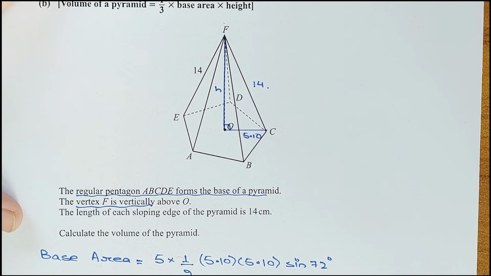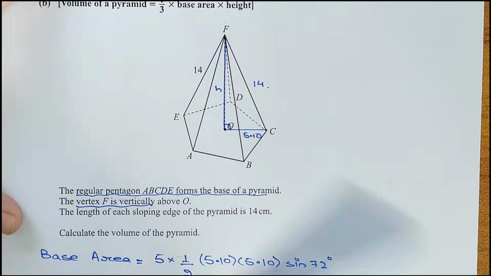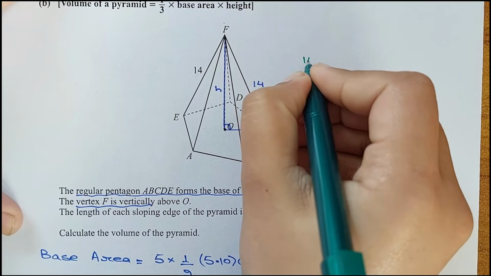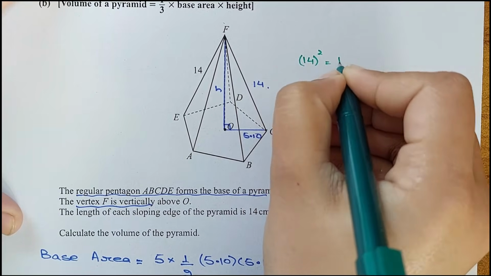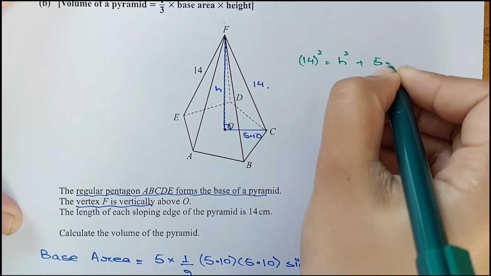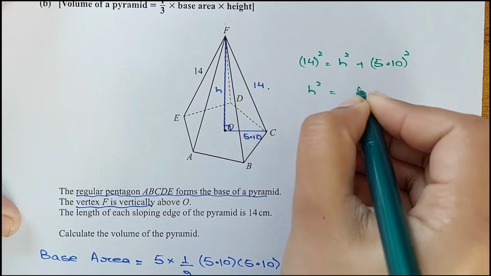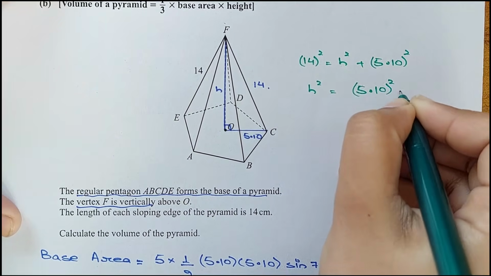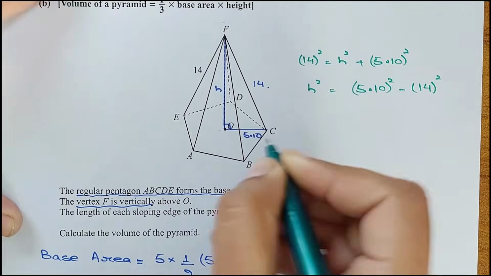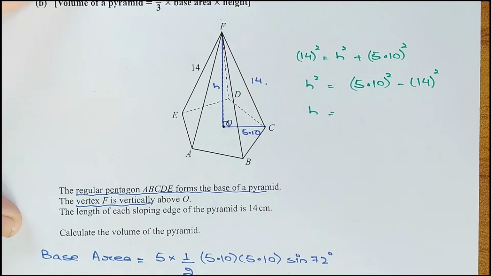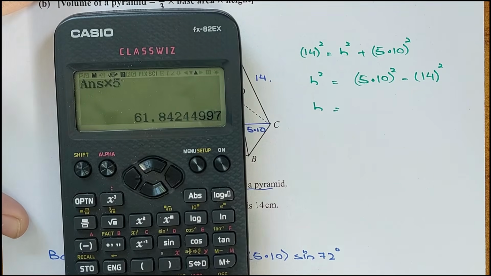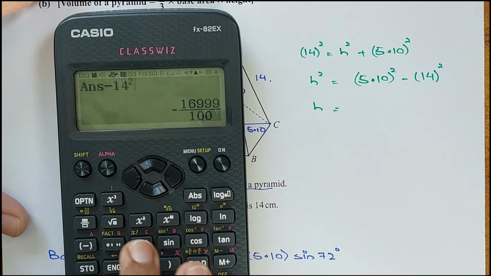So if I apply the Pythagoras theorem over here, we can say that 14 squared, the hypotenuse squared, equals h squared plus 5.10 squared, right? So h squared equals 14 squared minus 5.10 squared, and to solve for h, we take the square root, right?